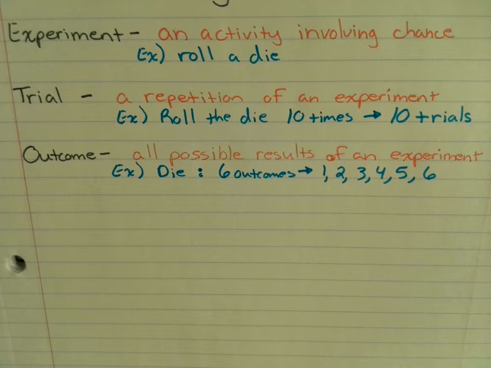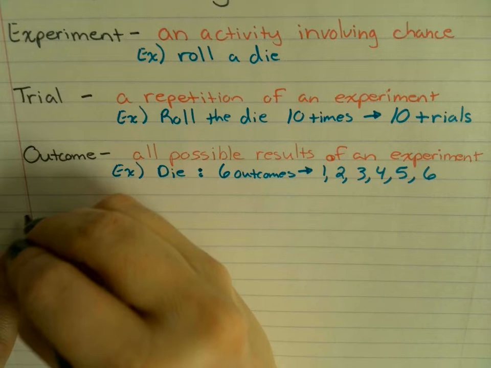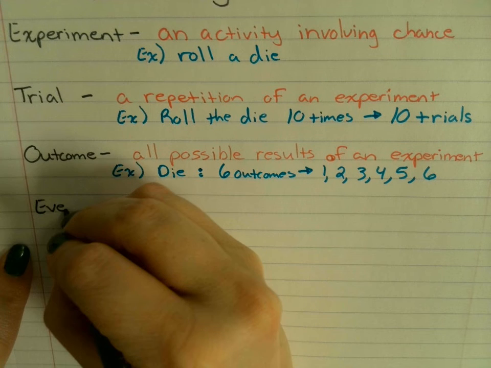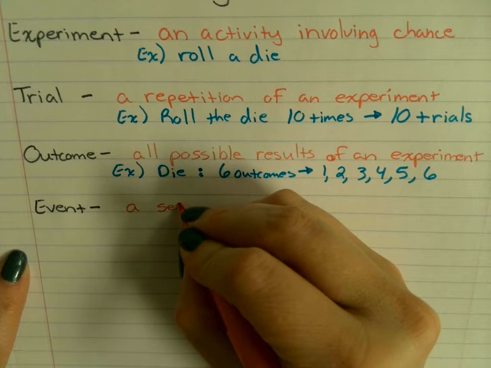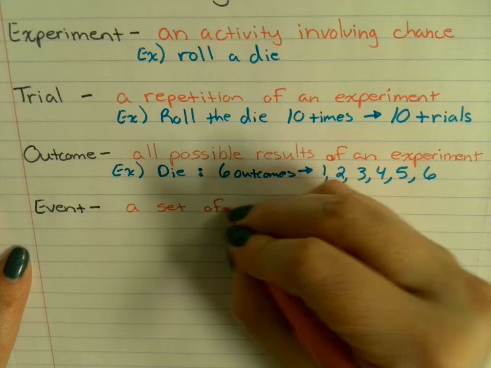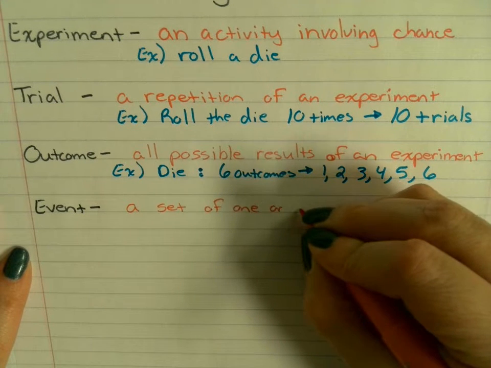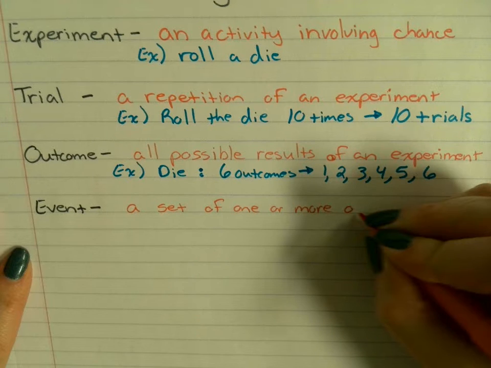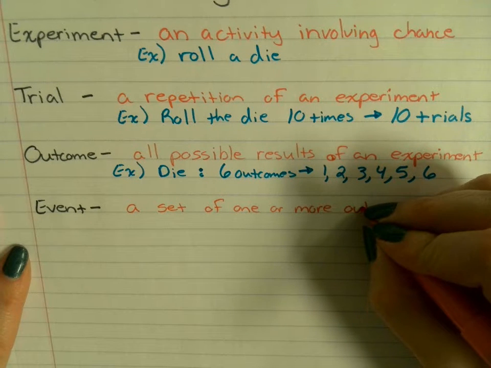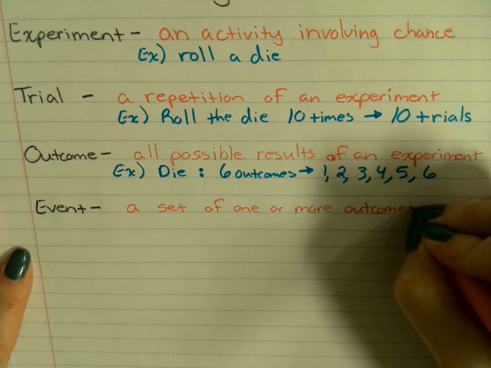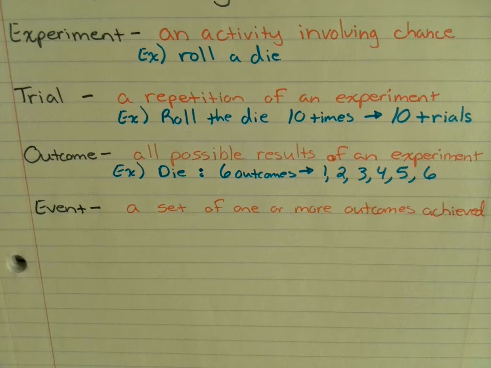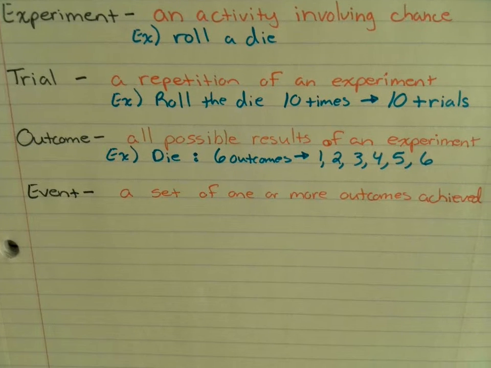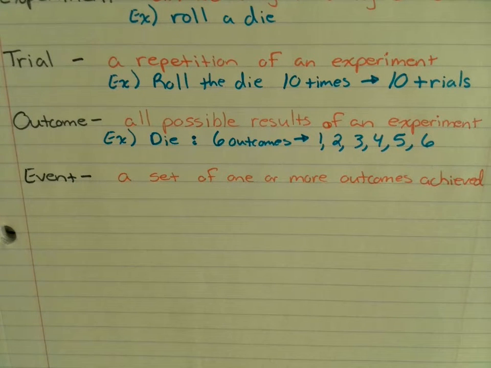All right, an event. When we're talking about a specific event, it's a set of one or more outcomes achieved. It's a set of one or more outcomes that you are trying to achieve.